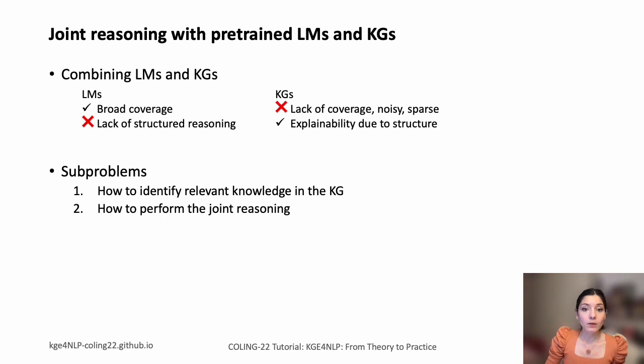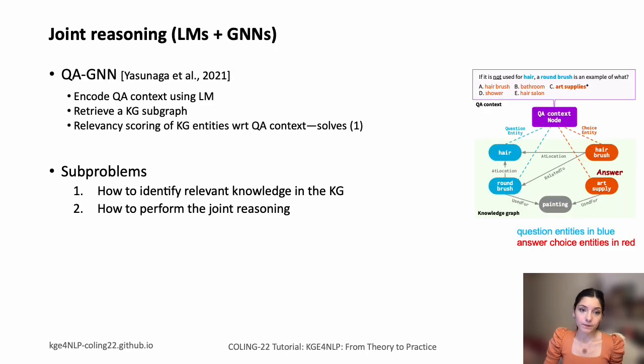Here, I would like to exemplify such a joint reasoning approach by a study addressing natural language question answering. KGE4NLP by Yasunaga et al. unifies the question answering context and the relevant subgraph from the KGE into a new graph representation.